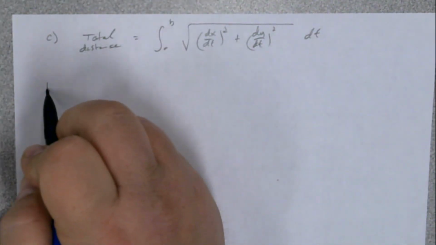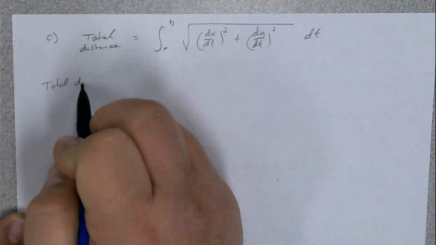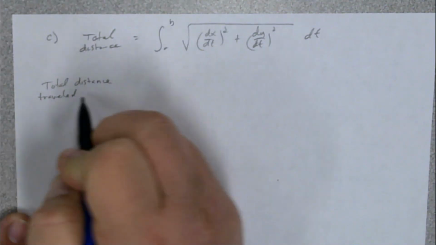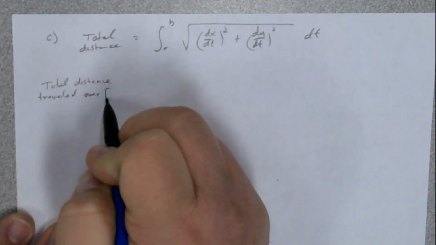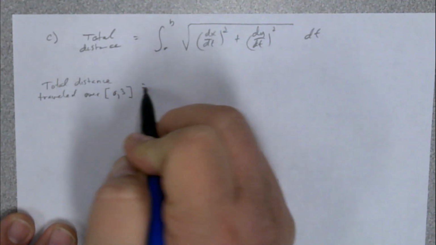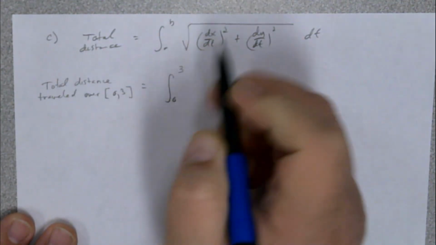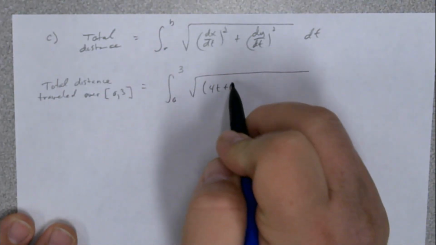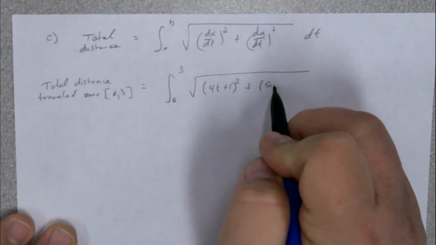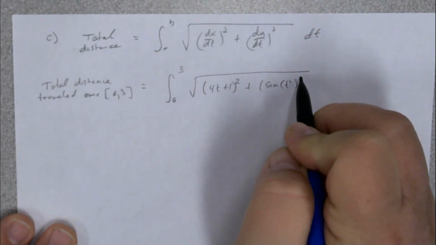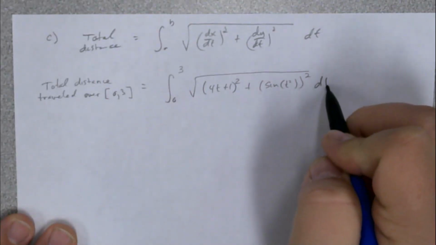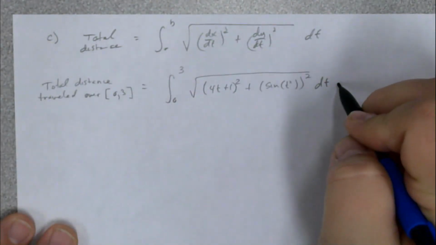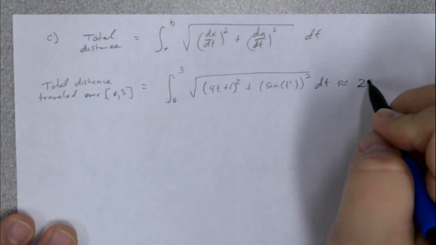So my total distance, that's the formula, so the total distance traveled over 0 to 3 is the integral from 0 to 3, and then type all the stuff in that we had: the square root of 4t plus 1 squared, plus the sine of t squared, squared, dt. That's the expression. And then you use the calculator and approximate that out.